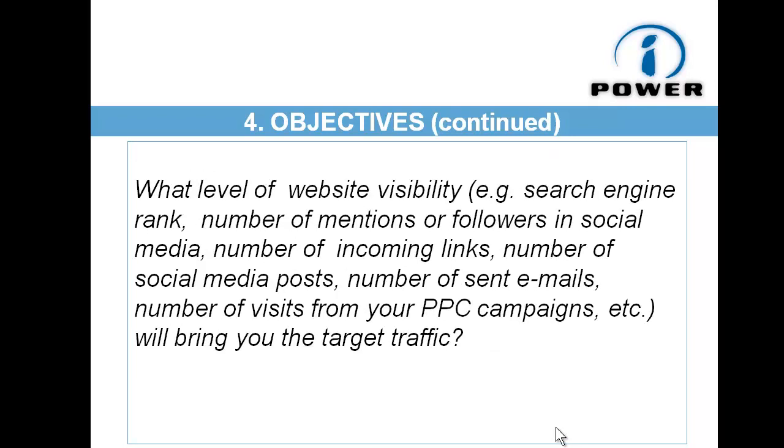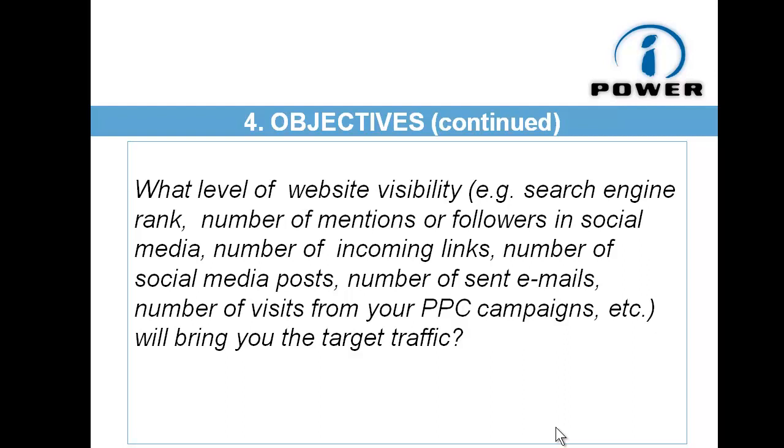And the next question is, yes, but how do we get those 25,000 new people on our website? And that's where search engine optimization matters. That's where you will set your search engine rank goals.